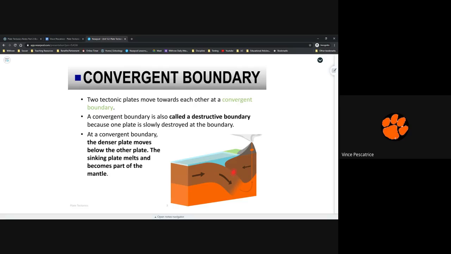Now, in your notes, you should only be writing down what's in bold. You don't have to copy down all of it. So you can just say, called destructive boundaries. Dense plate moves beneath the less dense plate and becomes part of the mantle. So that should be what you type in.